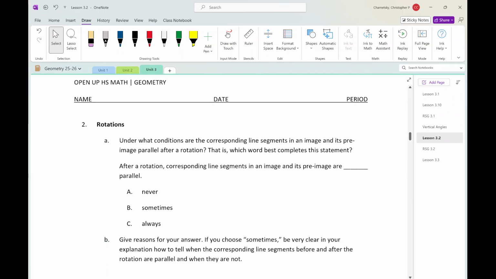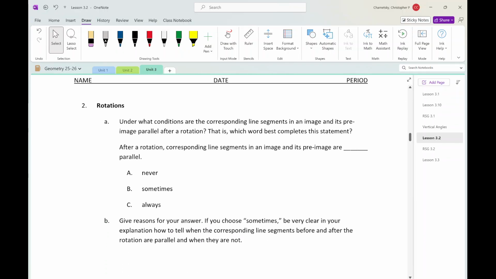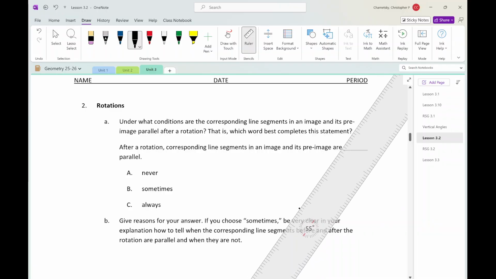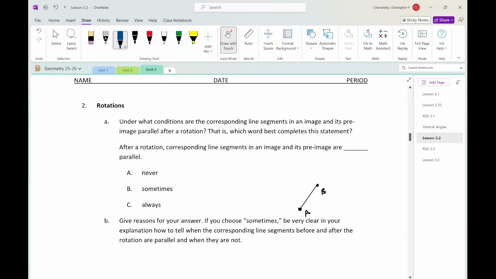What about rotations? After a rotation, corresponding line segments in an image and pre-image are sometimes, always, or never parallel. Well, let's take a look. If we have a segment and we rotate it around some point, in most cases we're obviously not going to be parallel.